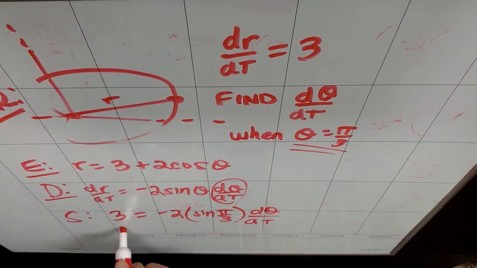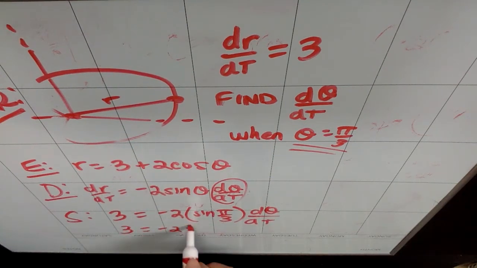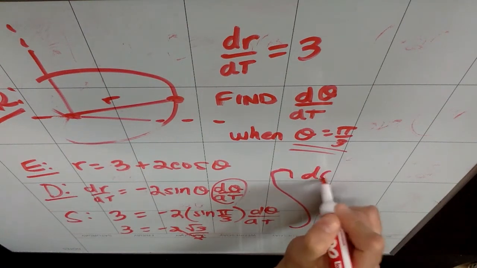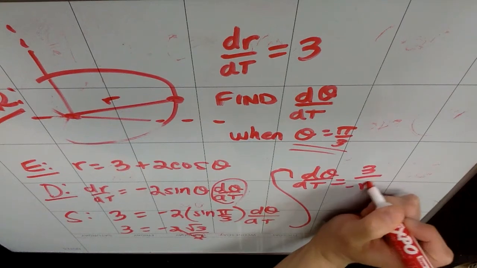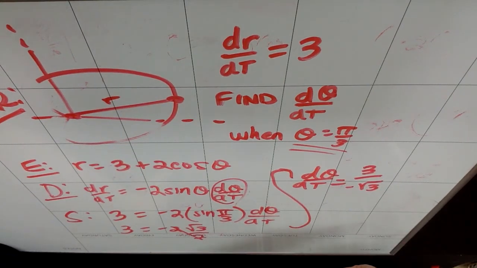So 3 equals negative 2 times root 3 over 2, so those cancel. When I divide by negative root 3, I get d theta dt is 3 divided by negative root 3, and you can rationalize that if you want.